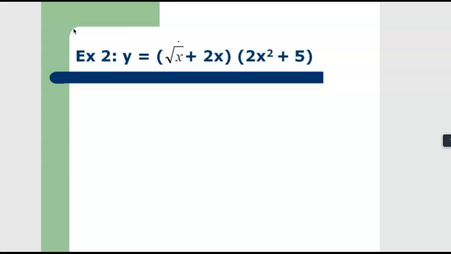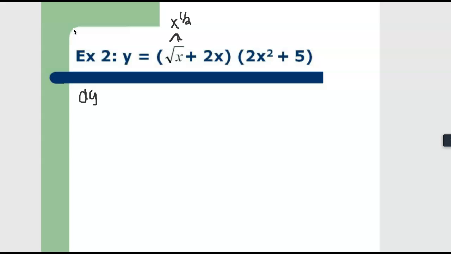Anytime we have a square root, we want to change it from a radical to a 1/2 power. So I'm going to think of the square root of x really like x to the 1/2, so that when I multiply this through, I'm using x to the 1/2.